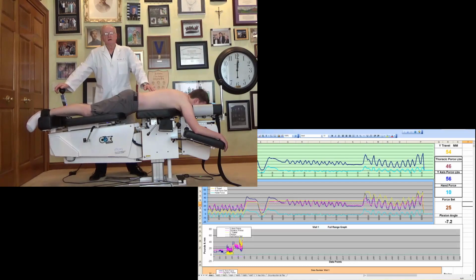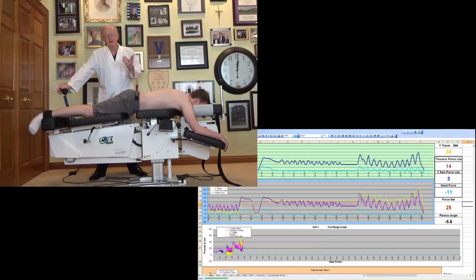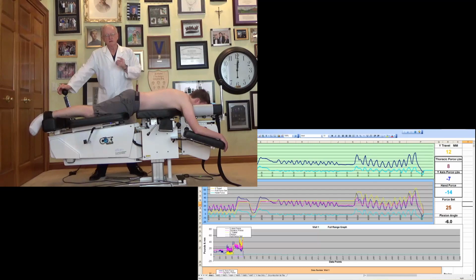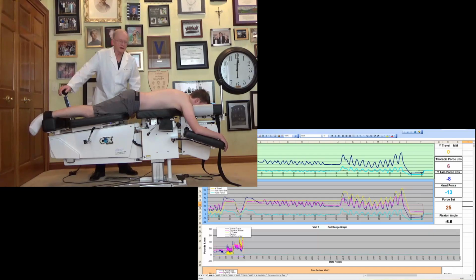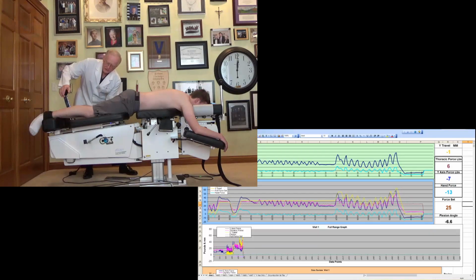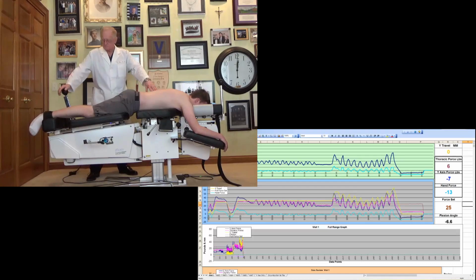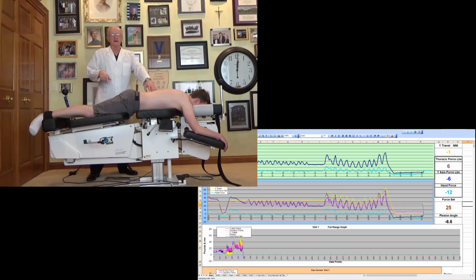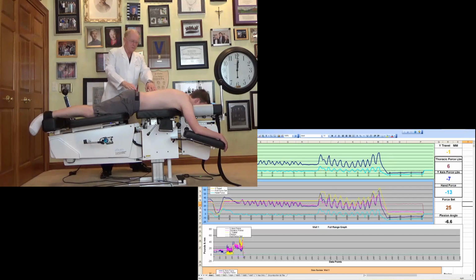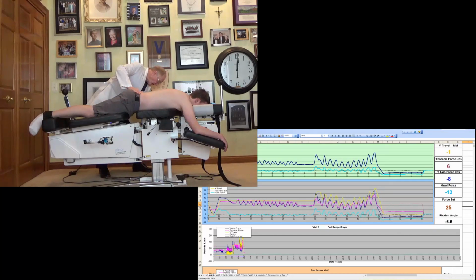Now, there's another procedure I'd like to share with you in treating degenerative disc disease of the lumbar spine. And that is to lock all of the instruments. Set the instrument to automated. The computer is now turned on. And I'm going to apply long Y-axis distraction to my patient.